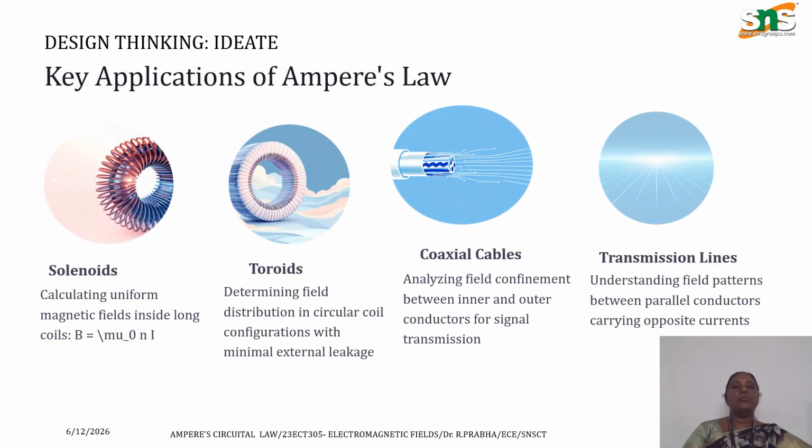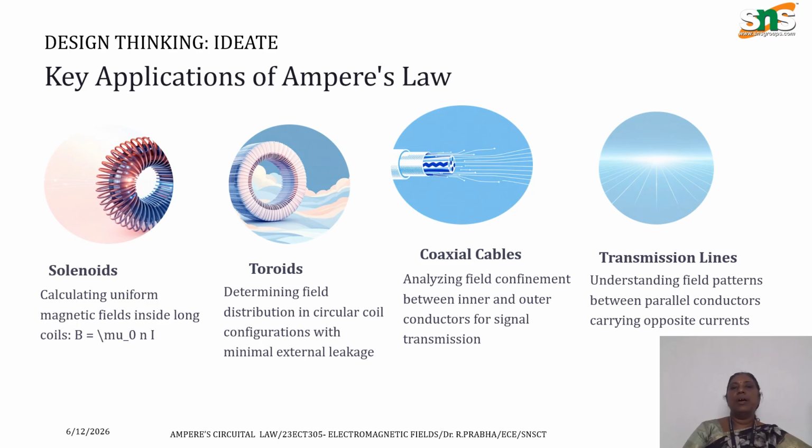And now coming to key applications of Ampere's law, the real world applications we see in the design thinking ideate part. It is useful in calculating the magnetic field of a solenoid and also a toroid. In a solenoid, the magnetic field intensity can be calculated, and in the toroid, the magnetic field intensity distribution in circular coil configurations is found.